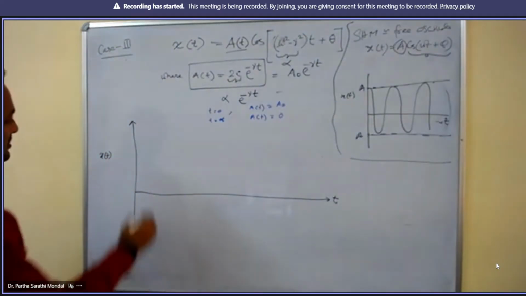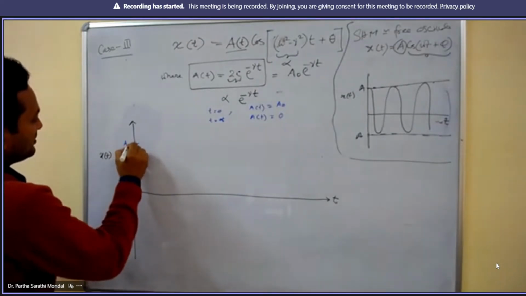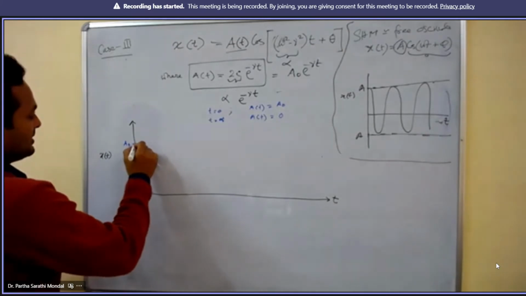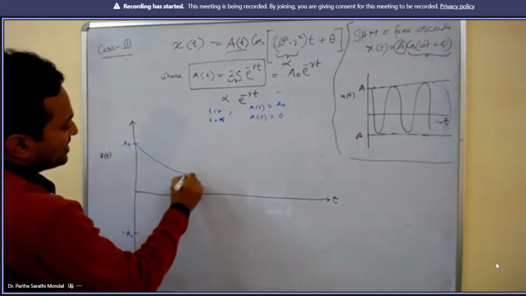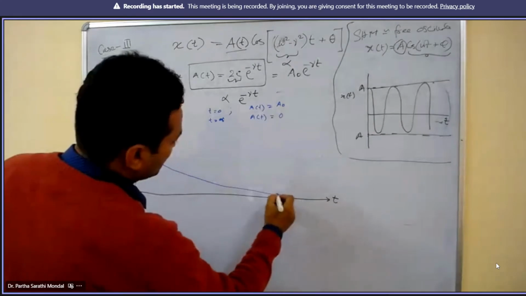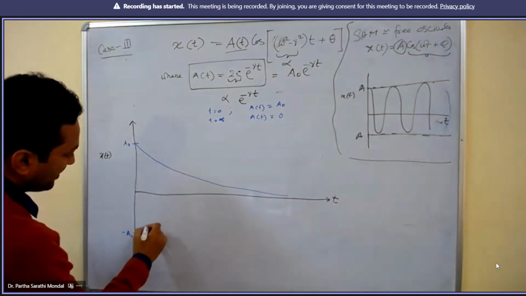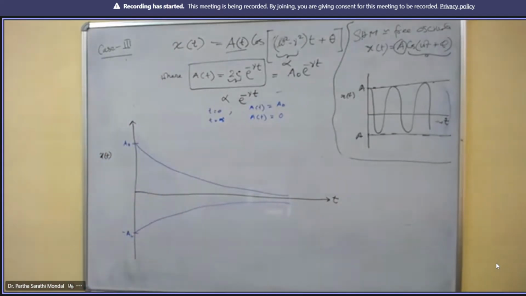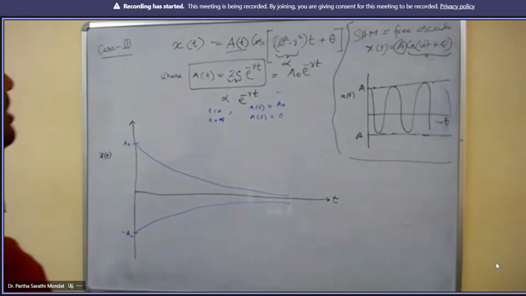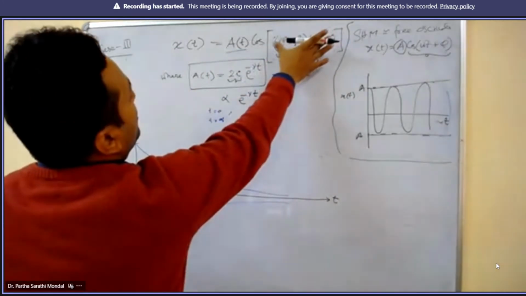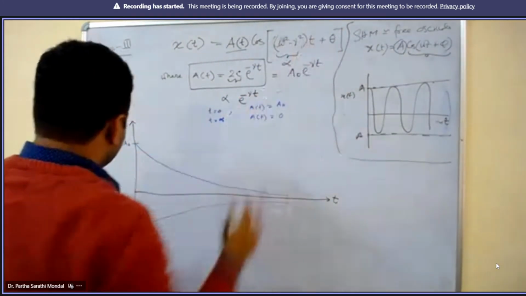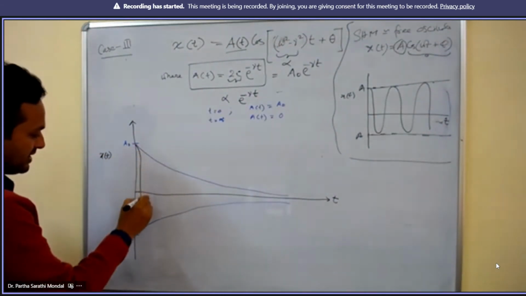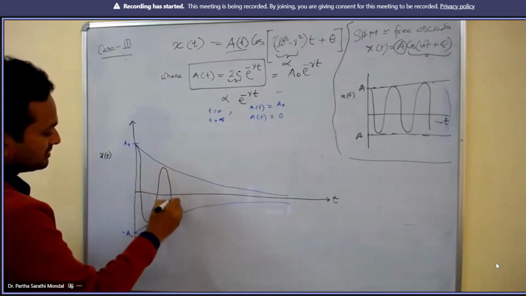So this is your A0 and this is minus A0. The exponential function will look like this, and going to infinity it will be perfectly symmetric on the other side also. Now if I take t equal to 0, then cos θ will become 1, so it will become A0. In between A0 and minus A0, it will swing like this.